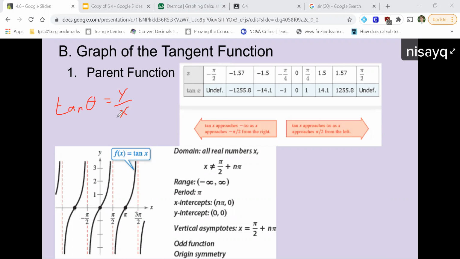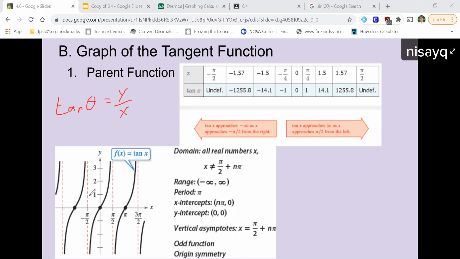The denominator is zero on a unit circle whenever the x value is zero, which would happen at 90 degrees when your point is 0, 1, and negative 90 degrees when your point is 0, negative 1. On the y-axis, at 90 degrees and negative 90, which is the same as pi over 2 radians and negative pi over 2.